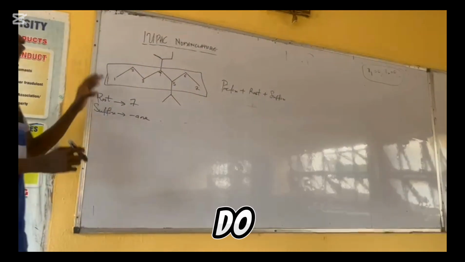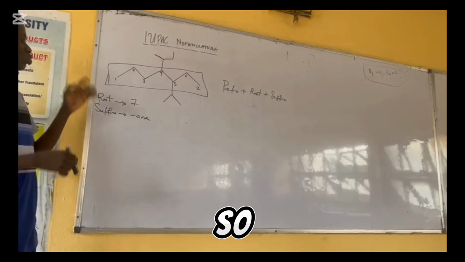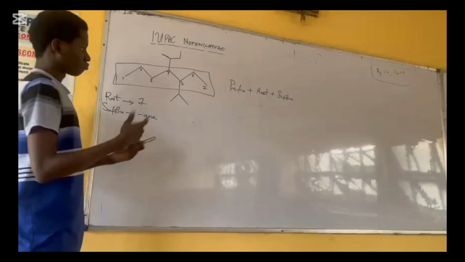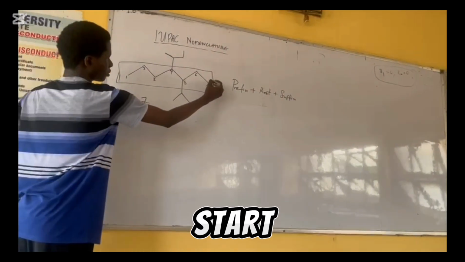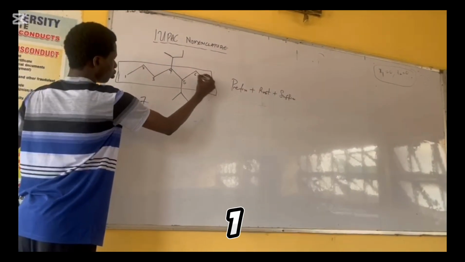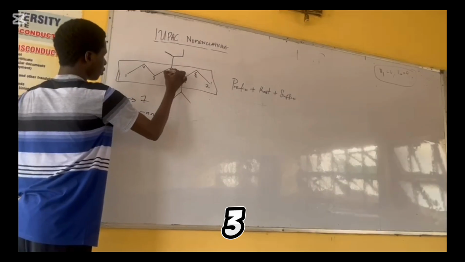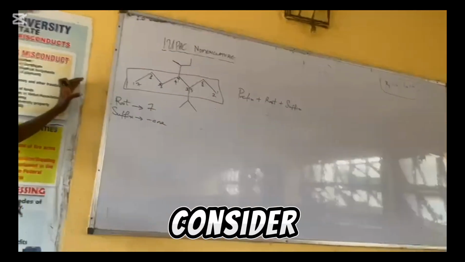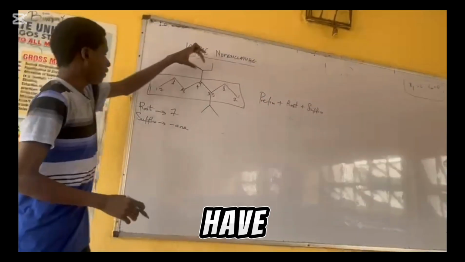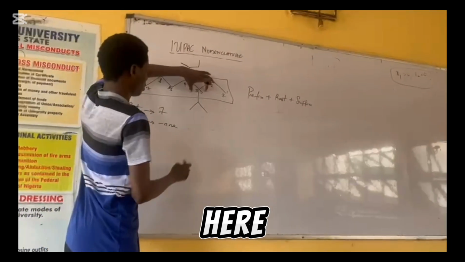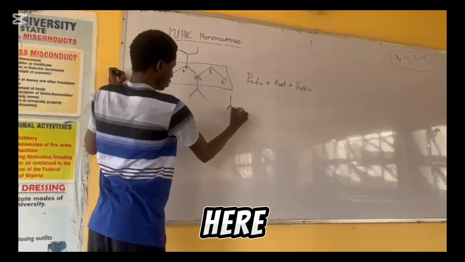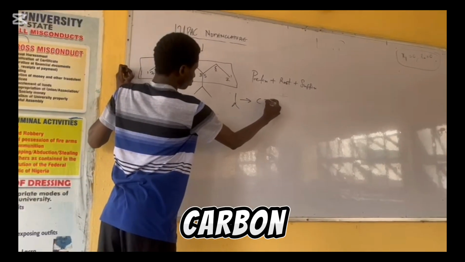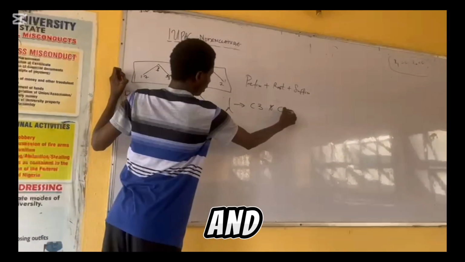Actually, we have to do forward and backward numbering, to give the lowest carbon atom numbers. So if we start the backward numbering from there, say 1, 2, 3, 4, 5, 6, 7. Now, if we consider the forward numbering, we have this substituent here and this substituent here attached to carbon 3 and carbon 4.